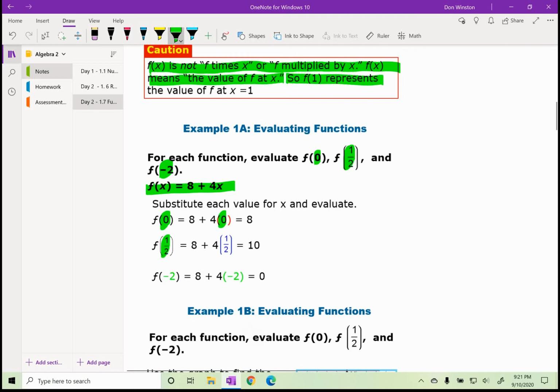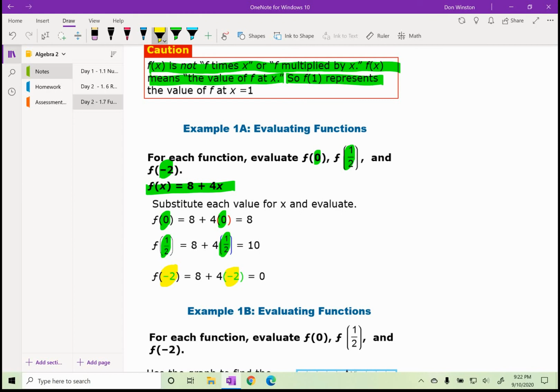When x is equal to 1/2, I'll just replace x with 1/2. Well, 1/2 of 4 is 2, and 2 plus 8 is equal to 10. When x is equal to negative 2, we just replace x with negative 2. 4 times negative 2 is negative 8, and negative 8 plus 8 is equal to 0.